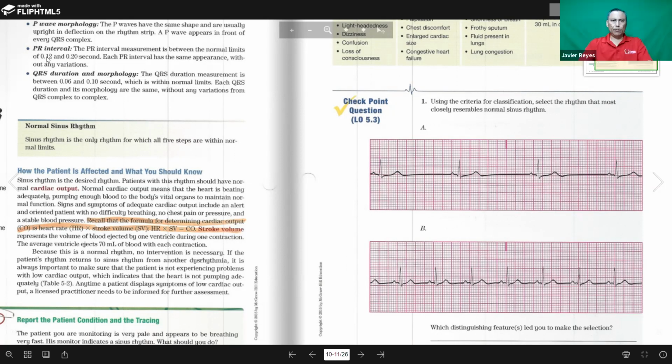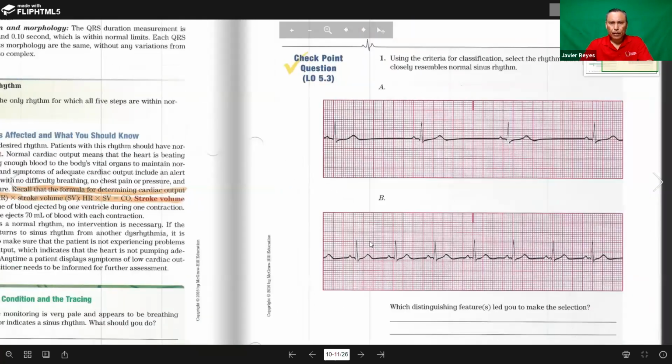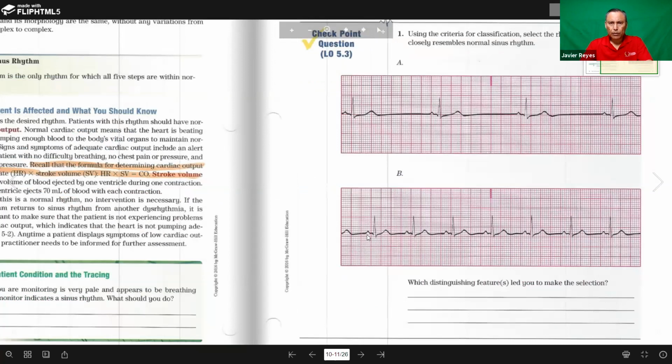Exactly. 0.12 to 0.20 or 3 little squares to 5 little squares. So you measure it from here to here, and it's about 3 little squares. I can't see it that well, but it's like 1, 2, 3. So it's 3 little squares, within normal ranges. So the PR interval is normal.